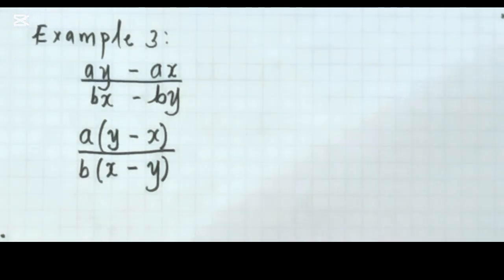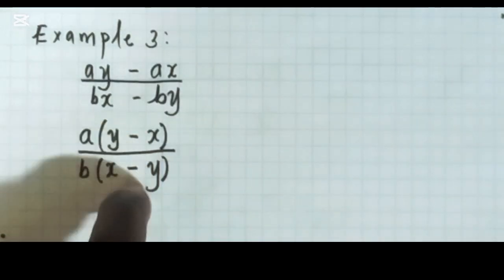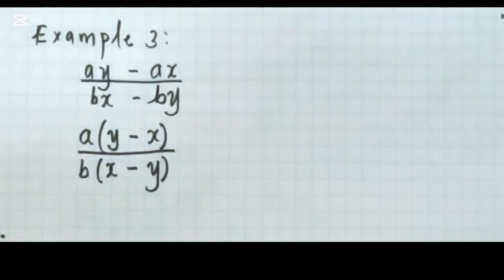So for us to make these the same, so that it's easy for us to simplify further, remember, we are trying to simplify by factorization. That is the instruction of the question: simplify by factorization. For us to simplify these factorized terms in the numerator and the denominator, we can choose either the numerator or the denominator.